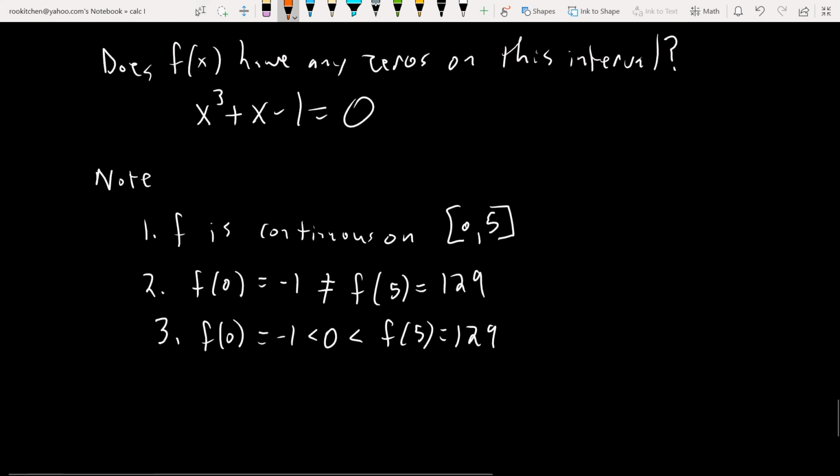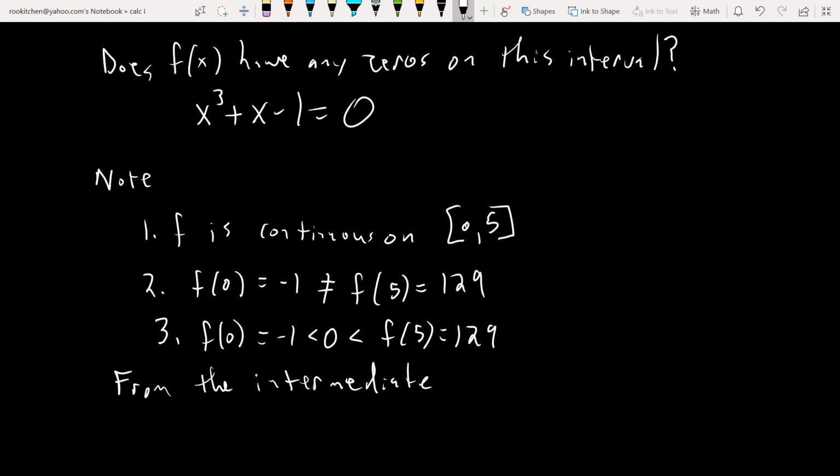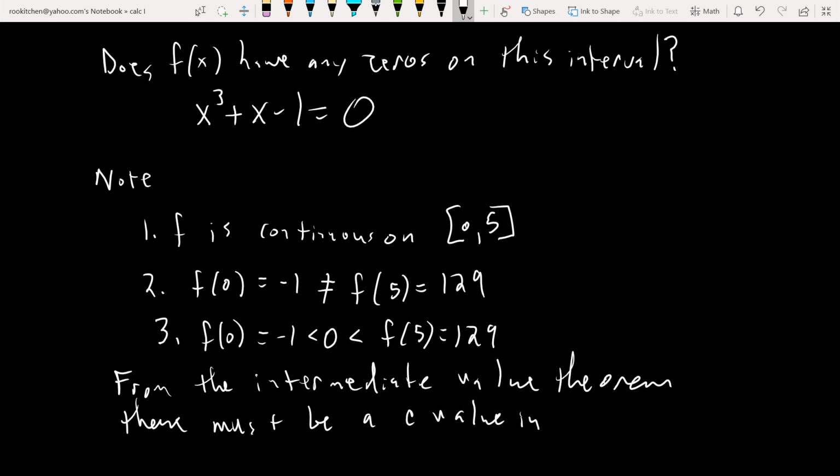Okay, so from the intermediate value theorem, we can conclude there must be a c value in the interval from 0 to 5 such that f of c equals 0.